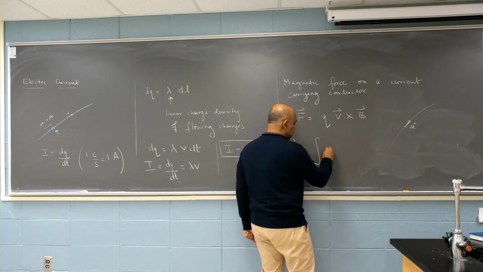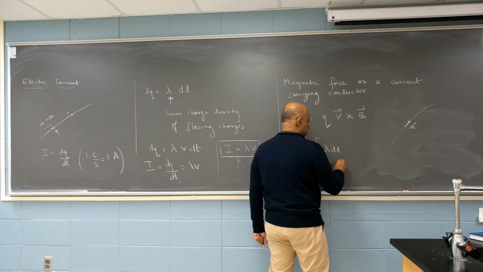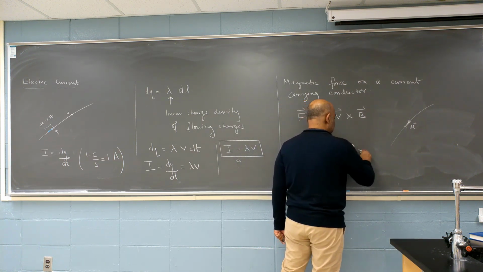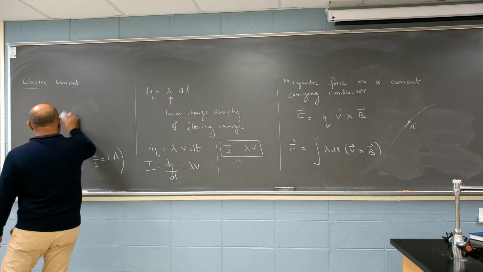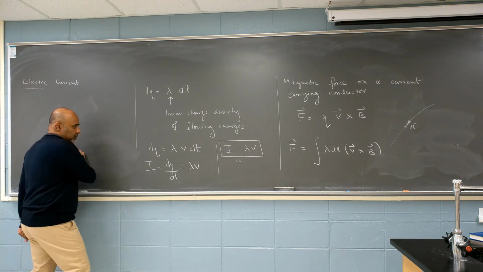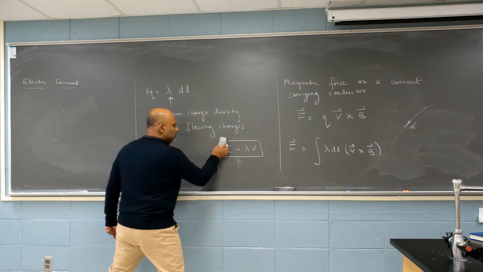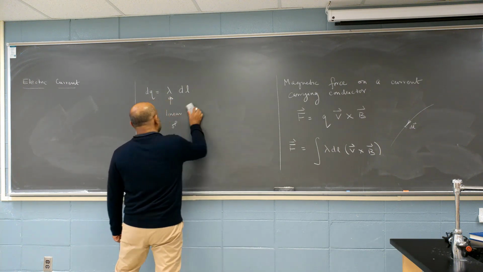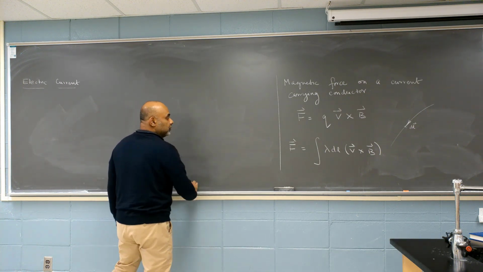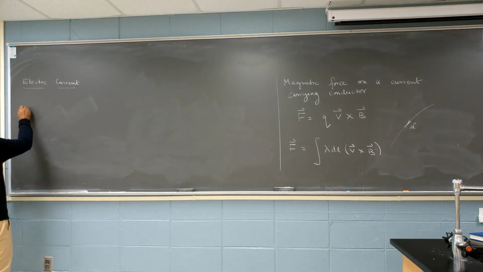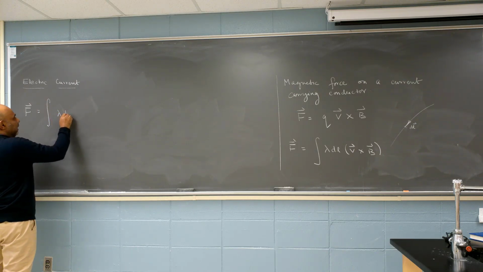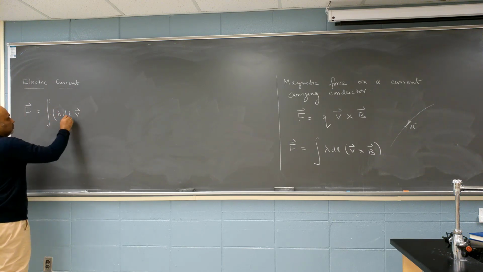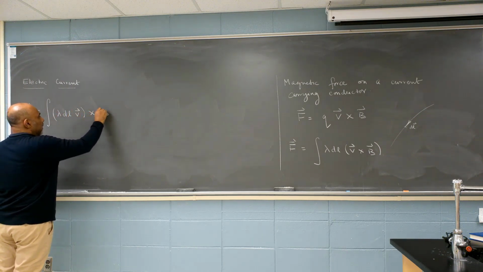We just talked about it. It's lambda times dl, and then V cross B. What we will do is a little bit of symbolic rearrangement to get the expression in a useful and meaningful way. So I can write this force as lambda dl V cross B.